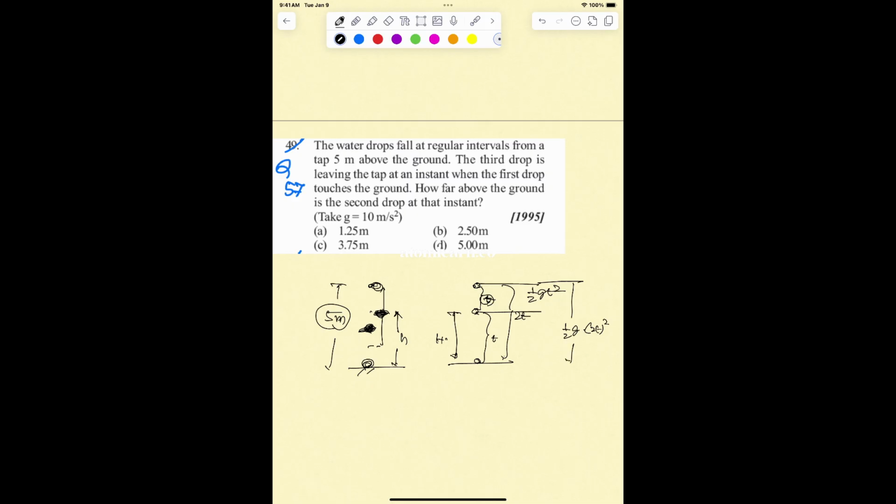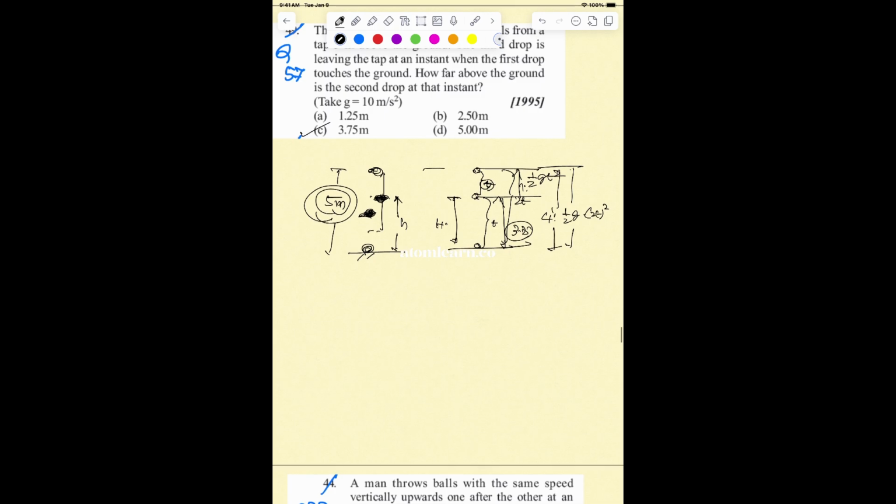Then what is the ratio of the distances? If this is 1, then the total is 4. Correct? Total is 4. That means 4 is given as 5 meters. Total is 5 meters. Then what is 1.25 meter? They are asking what is this height. This height will be 3.75.